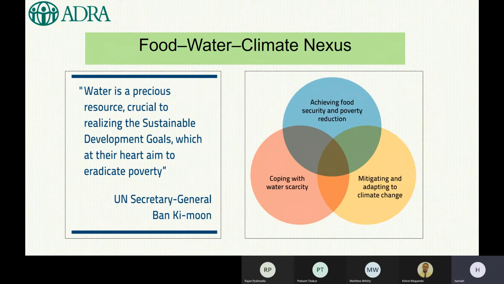Here I share Ban Ki-moon's sentiments that water is a precious resource, and it is crucial to realizing the Sustainable Development Goals, which at their heart aim to eradicate poverty.